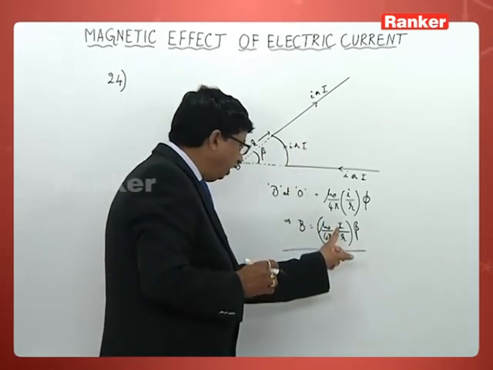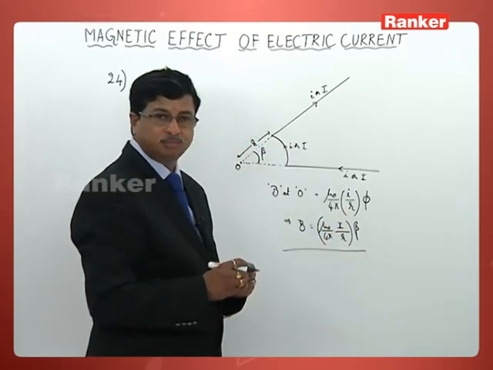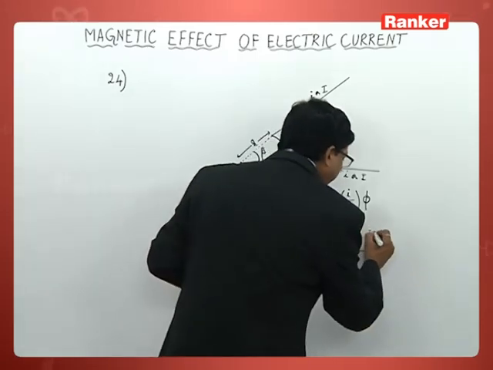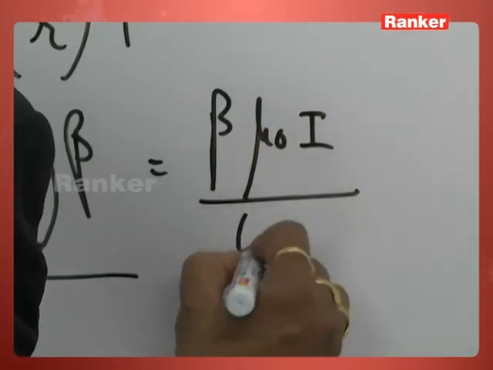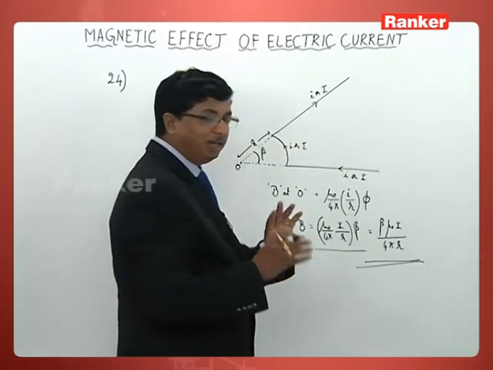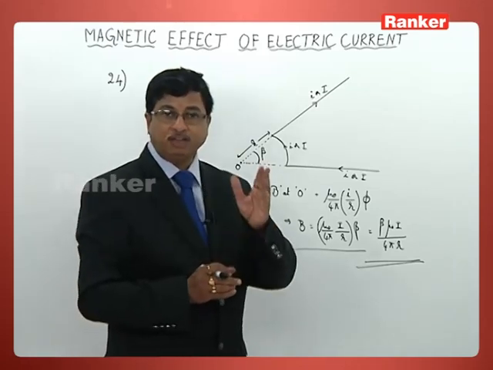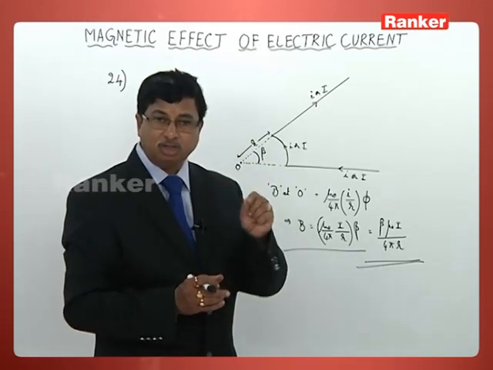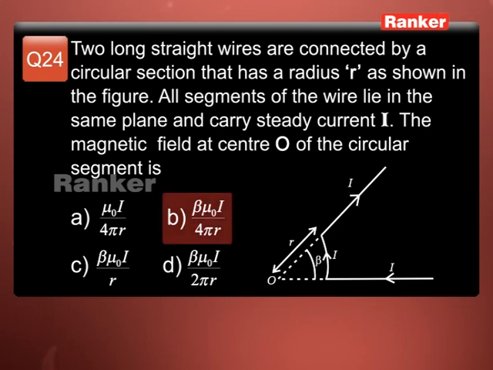Mu naught I into beta by 4 pi R. The same, of course, he has given the other way, beta mu naught I by 4 pi R. That is the option he has given. So what is the correct option here? It is the second option which is correct, mu naught into I into beta by 4 pi R. So the correct answer for this particular problem is going to be B.